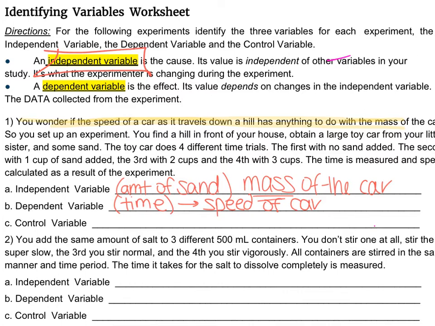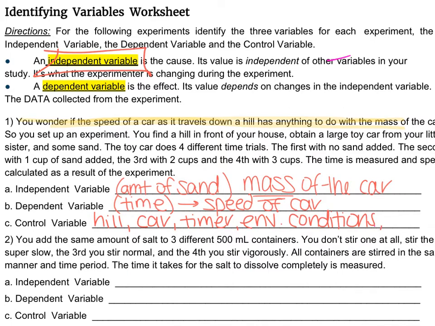All right, things we kept the same. It was the same hill. It was the same car. It is the same timer. It has the same environmental conditions, which just means one day it can't be wet, and the other day it can be dry.